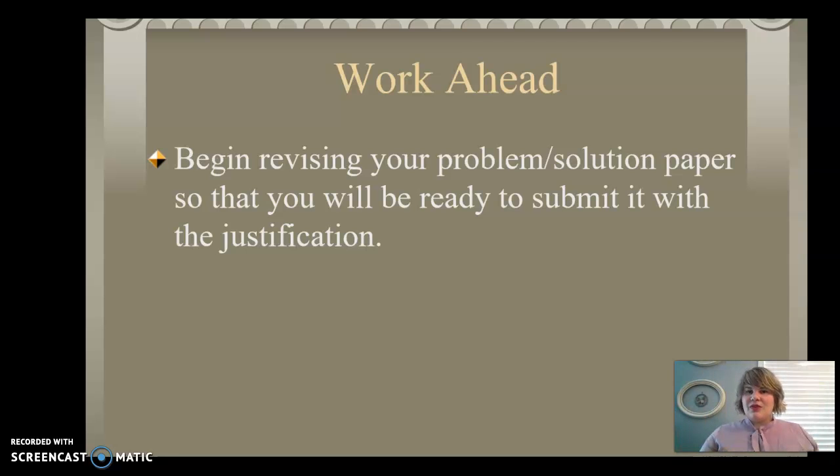So when you submit the final draft of your justification paper, included in that final draft will be the revised problem solution. So the paper that you turn in should be between 2,000 to 3,000 words, because it's going to have both that problem solution paper that you've already written and then this awesome justification paper that you will be writing this month.